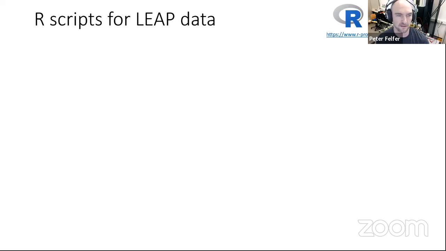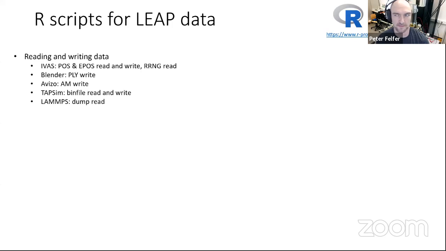So the scripts I've written for this language are a whole bunch of scripts to read and write data. So I have scripts that load and write POS and EPOS files from IVAS, as well as load the range files that we typically use. I have scripts that write out PLY files for Blender, which you can load in as a point cloud, so you can see the point cloud in Blender.